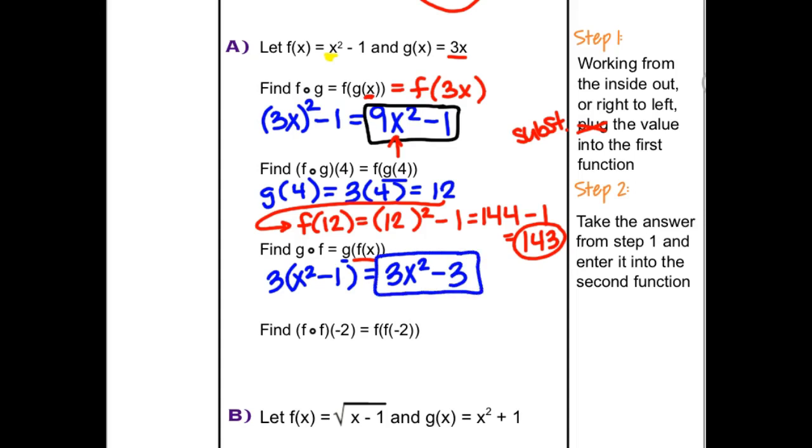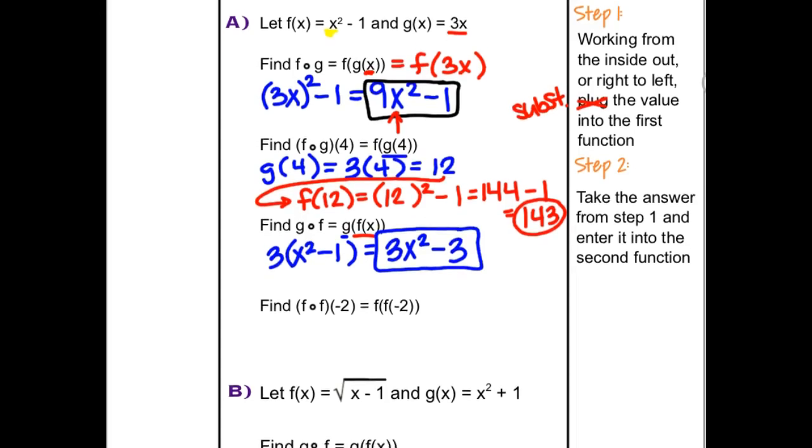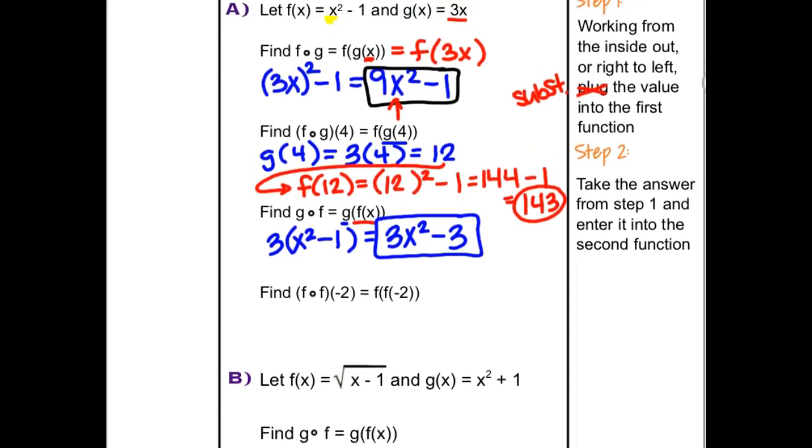The last one, I'm weird like this, these are my favorite ones. What this means is I'm going to take first f of negative 2. Well, f is x squared minus 1, but x is negative 2. Negative 2 squared is 4. 4 minus 1 is 3.